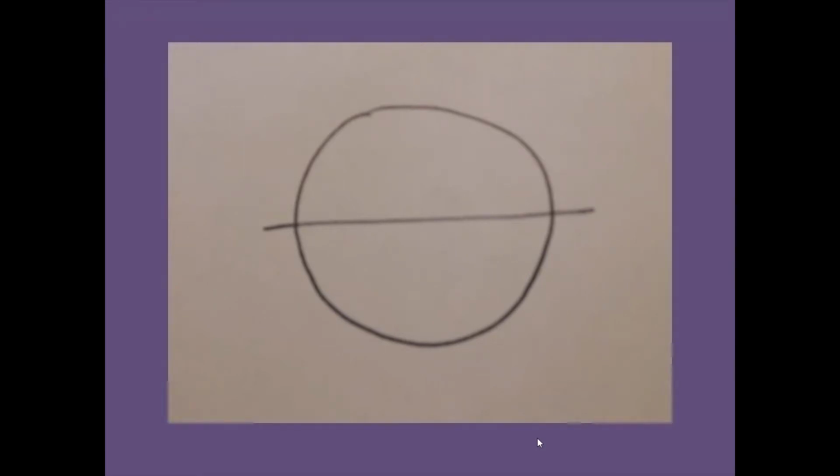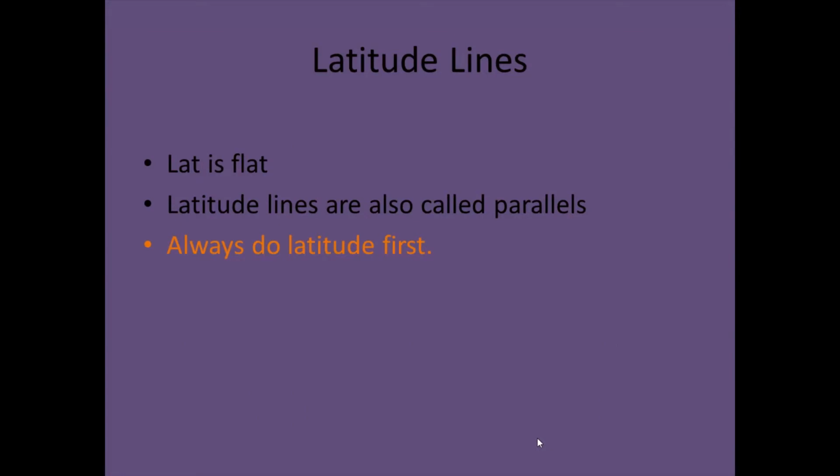Can you tell me what the name of that latitude line that we drew is? That is called the equator, and we'll come back to him. So the latitude lines are going to be flat horizontal lines. They are invisible.